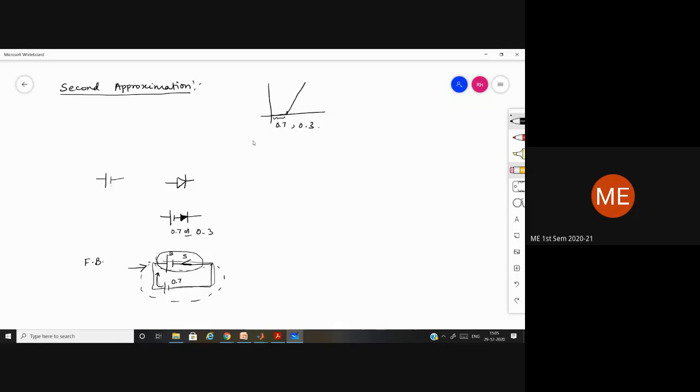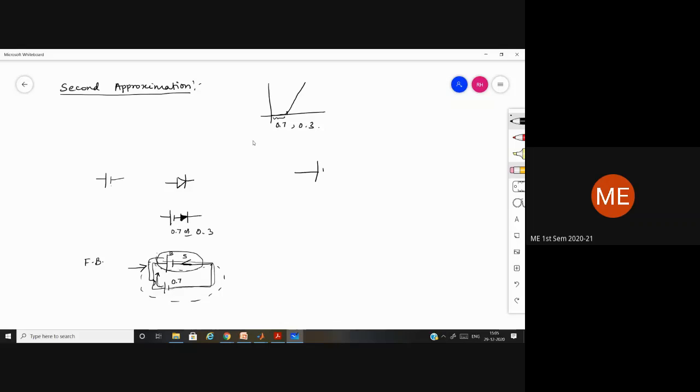If the supply is less dominant compared to the inbuilt battery of the diode, then the battery of the diode will dominate, such that the current will be in the direction of the diode. So they came to know that we need to give a battery which is always greater than 0.7. But this is fine.